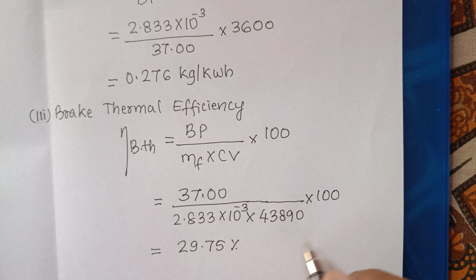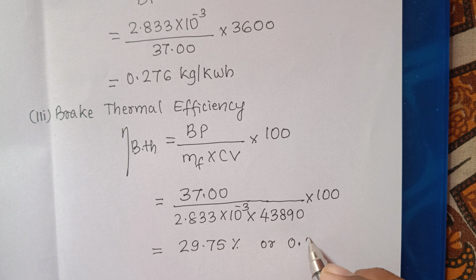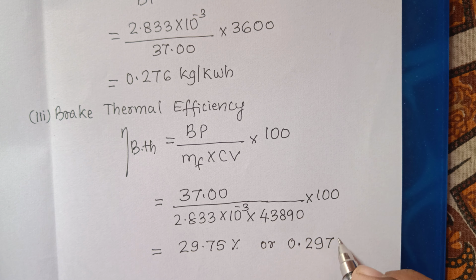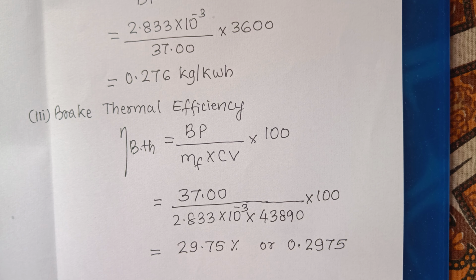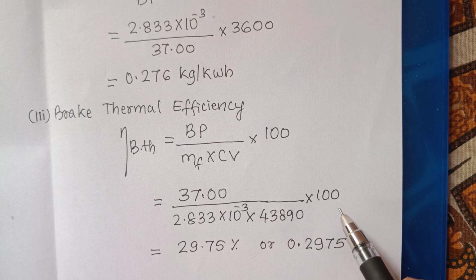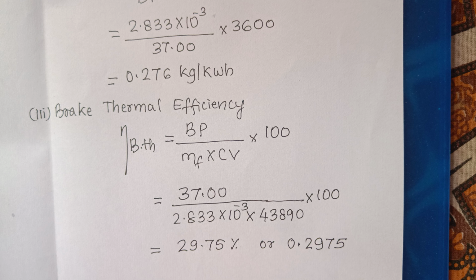If you have not used percentage, then you will get the answer as 0.2975. I repeat, if you have not multiplied by 100, you will get the answer as 0.2975, and if you have multiplied it by 100, you will get the answer as 29.75.